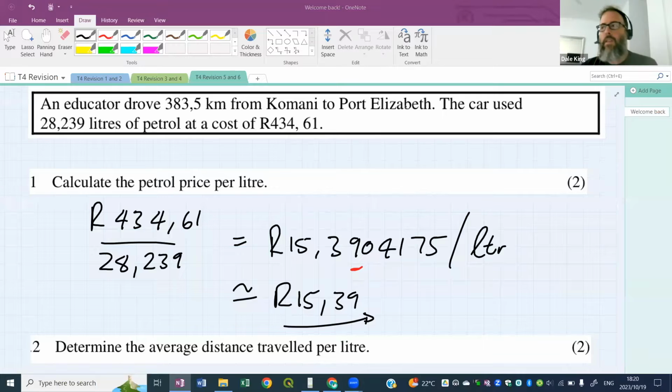If the instruction in the exam says round off to 2 decimal places unless told otherwise, then you always round off to 2 decimal places unless they tell you otherwise. Makes sense. Do not stress if you're getting 15.3 or 15.40 and you're looking at the answer, which is 15.39, oh dear, that's it, there goes a mark.